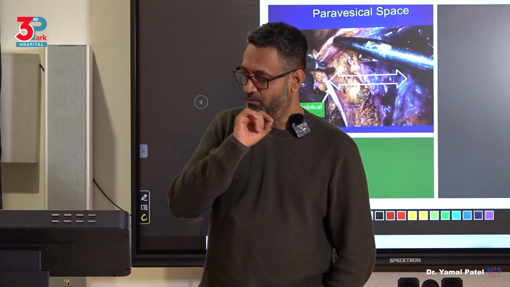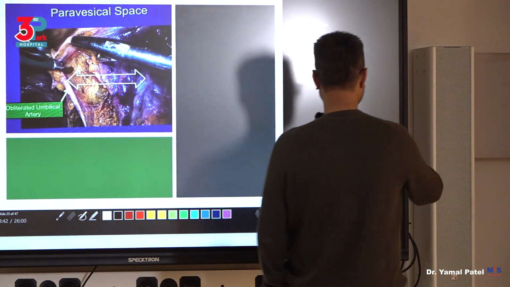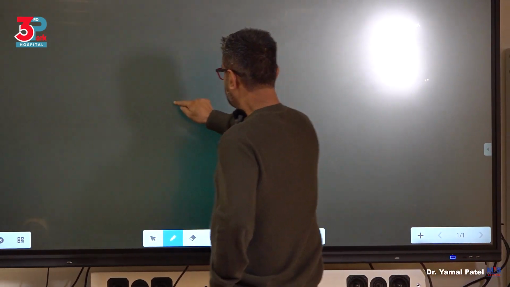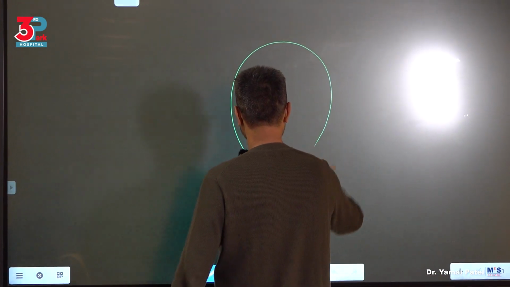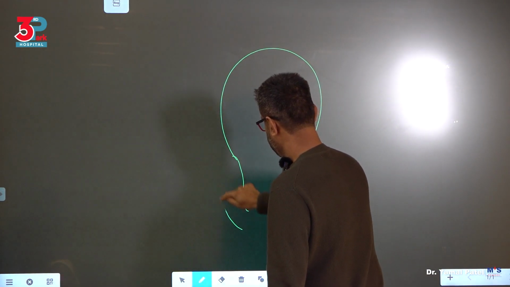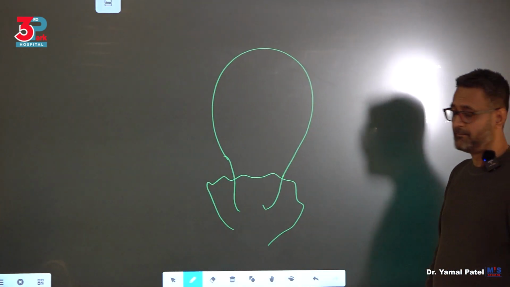Secondly, whenever you have multiple scars, what is going to happen is, let's say this is the uterus, okay, and the bladder is here, right? Agreed?